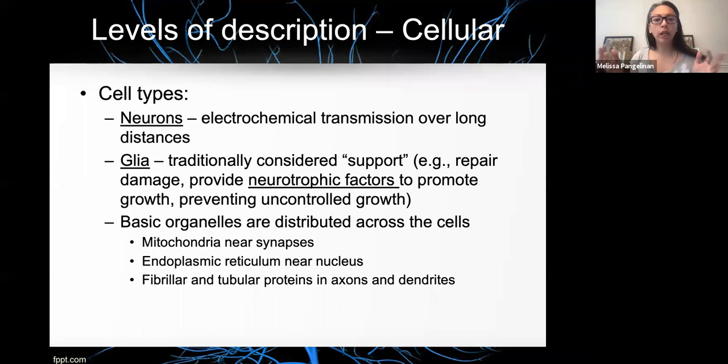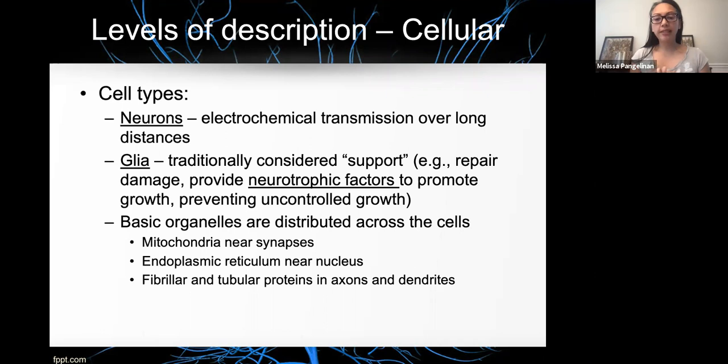They're not that important. What we know currently is that glia are fundamentally important to the way that the nervous system functions. And they're fundamentally important in terms of promoting repair and neural regeneration. Glia are super, super important. So glia provide signaling for when there's need for repair given damage. They provide neurotrophic factors that promote growth and sustain cells.